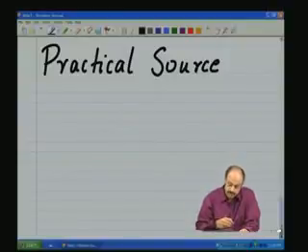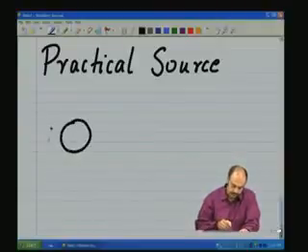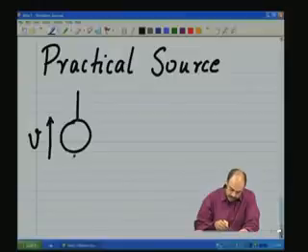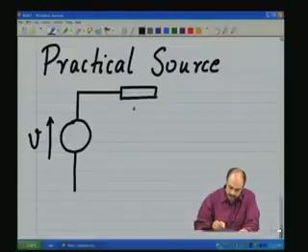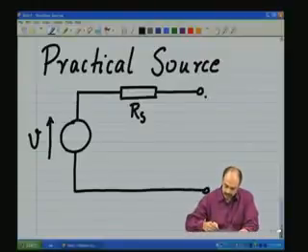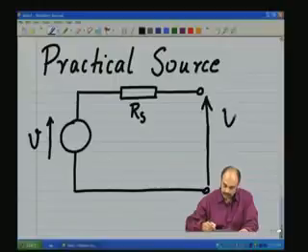In the case of the practical source, there is a source, let us say a voltage source V, with the representation that we already discussed, and to its two terminals is connected a component Rs called the source resistance, and now the load, our external circuit, is connected across these two terminals, and this is the terminal voltage.